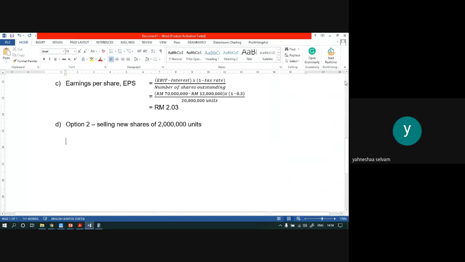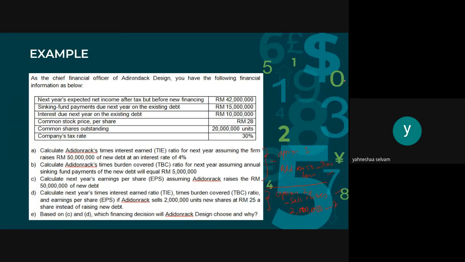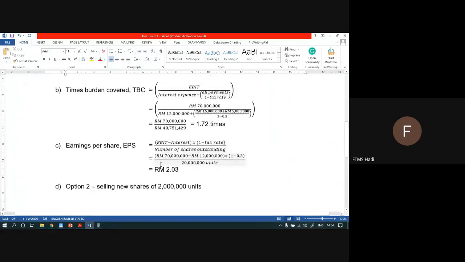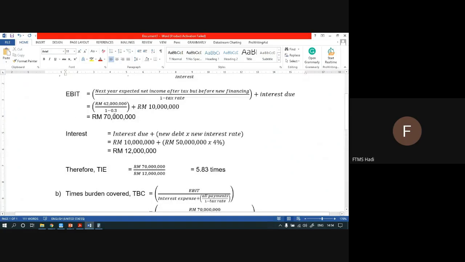Sir, the C is actually related to question number 1, B and A, so that you will never calculate the 50,000 of new debt for C. Not calculating, yes. Have you seen this one? All information here, like 70 million and 12 million, is related to up here.